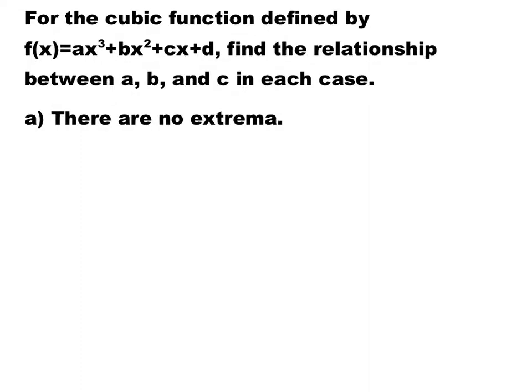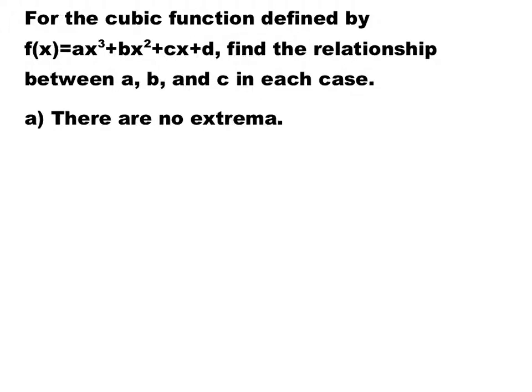The next question says, for the cubic function defined by f of x equals ax cubed plus bx squared plus cx plus d, find the relationship between a, b, c, and also d, in each case. There are no extrema. This means that if I find f prime of x and make it equal to 0, there is no solution.